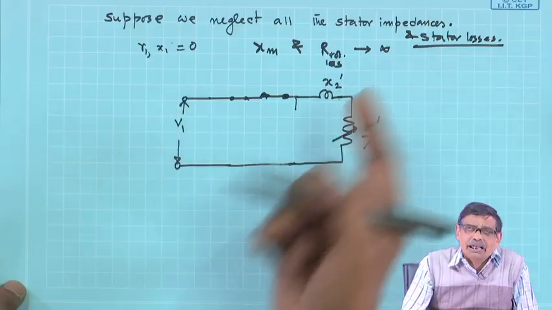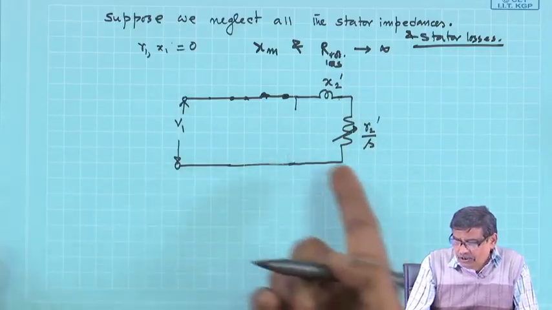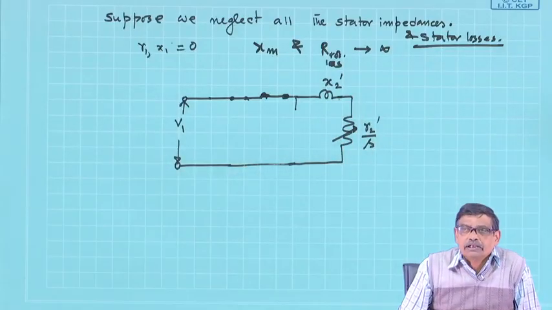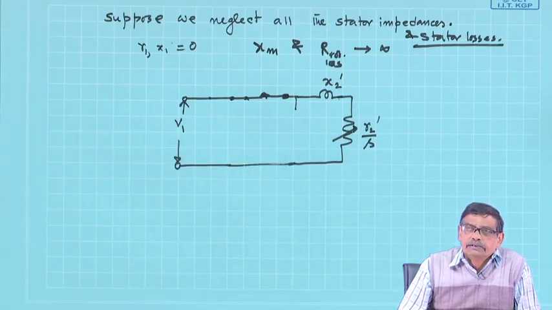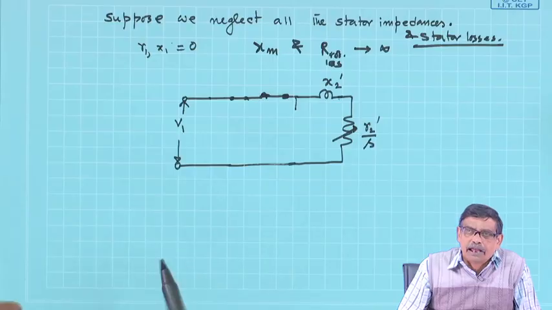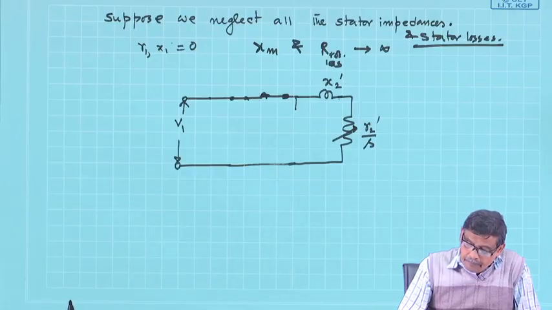But I will not do like that later, because it takes only 2 steps to arrive at those expressions. So, I will straight away use this equivalent circuit to get those things. It will be also a good practice.